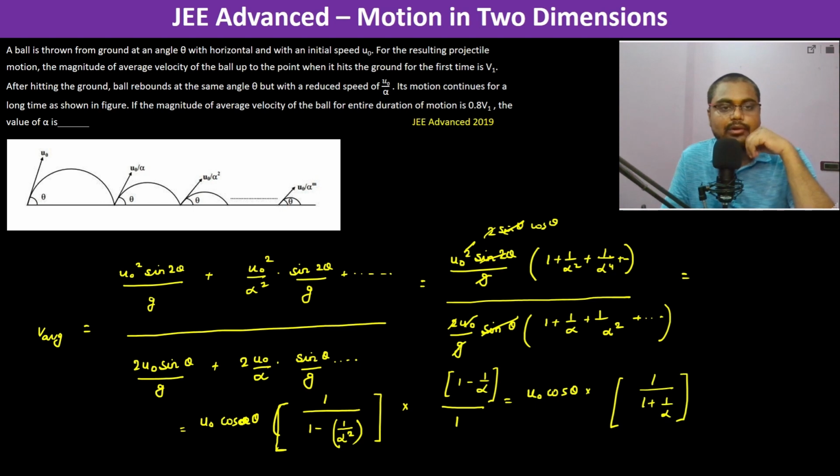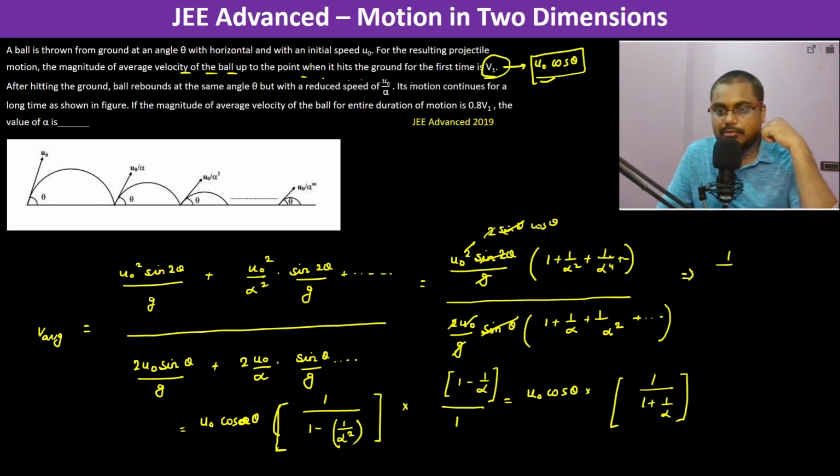Okay, now the magnitude of average velocity of the ball up to the point when it hits the ground first time, v1. So v1 is actually u naught cos theta.